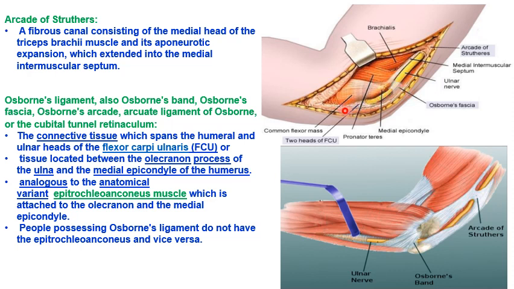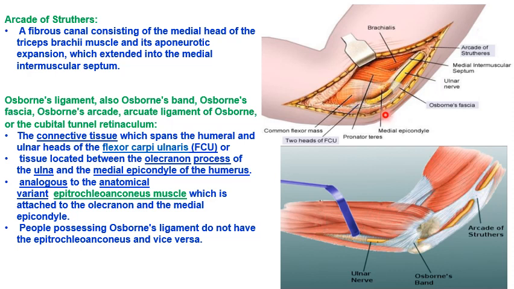When we come down a bit, the ulnar nerve descends behind the medial epicondyle and lies between the two heads of the flexor carpi ulnaris.